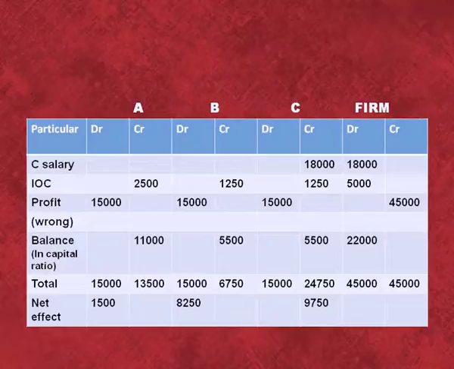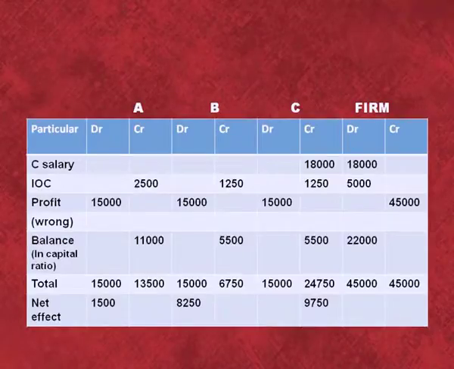Next, it is written the net profit of 45,000 is divided equally, which should not be divided equally between the partners. So we have to take back the amount. If we are taking back the amount, that means we have to again debit the partner's capital account.